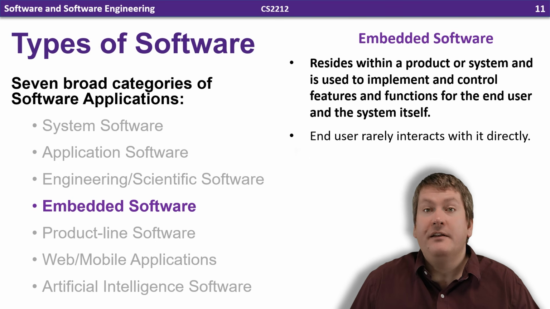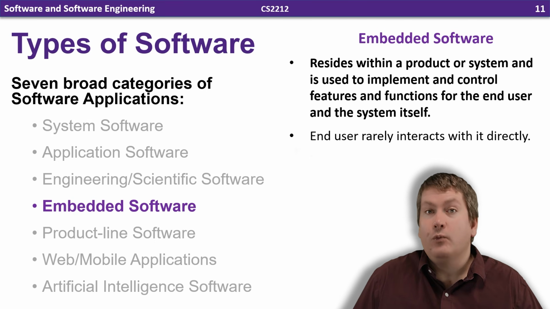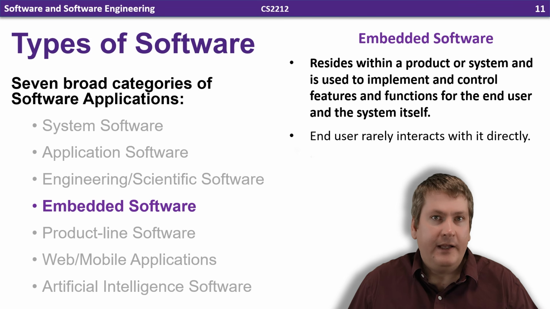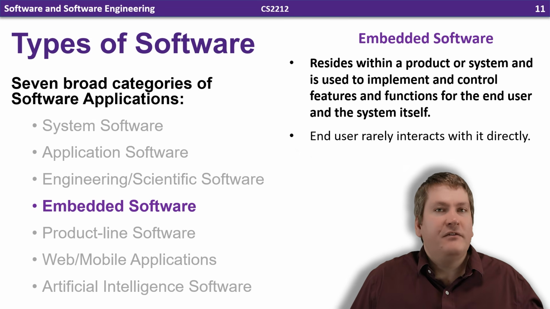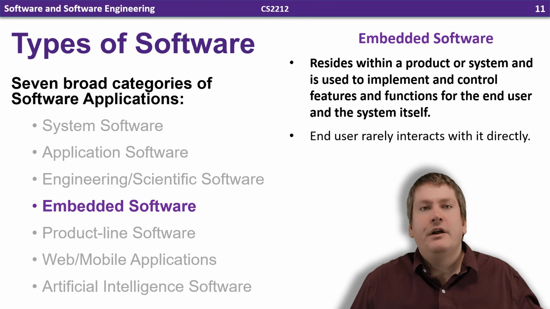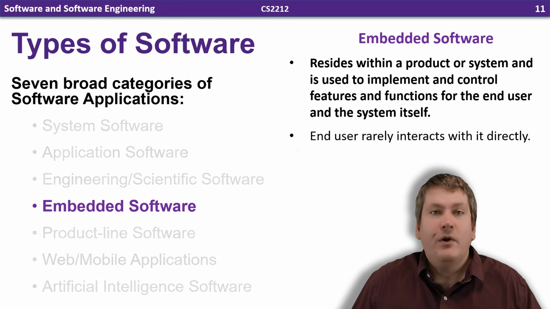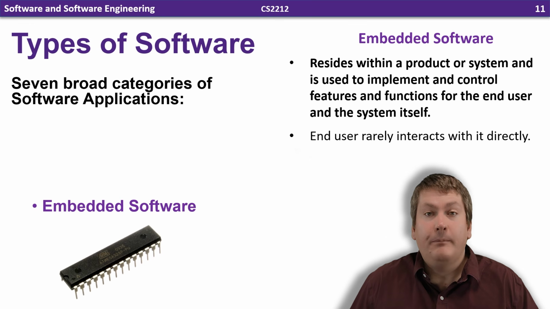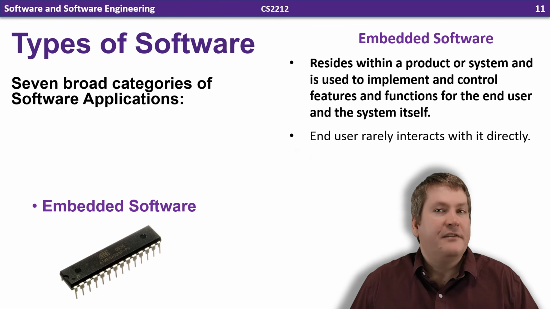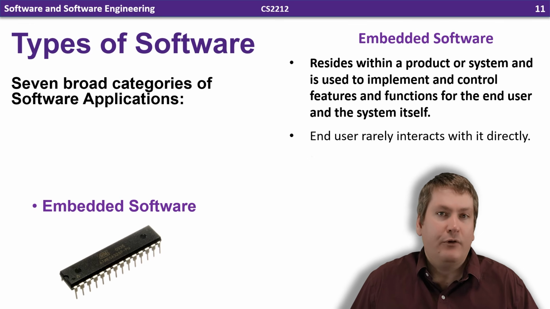Our next category is embedded software. This is software you likely use every day, but don't realize it or interact with it directly. Many electronic devices, from something simple like a TV remote to a thermostat to cars, have microcontrollers or even small embedded computers that power them. Shown here is an ATmega 328P microcontroller.